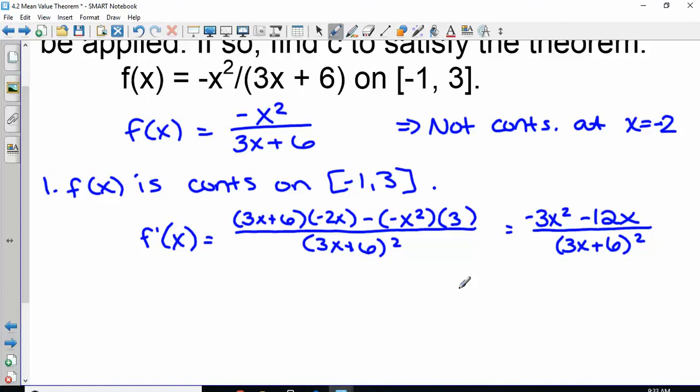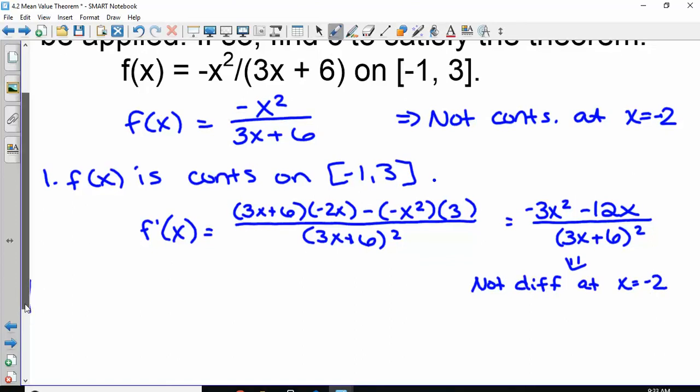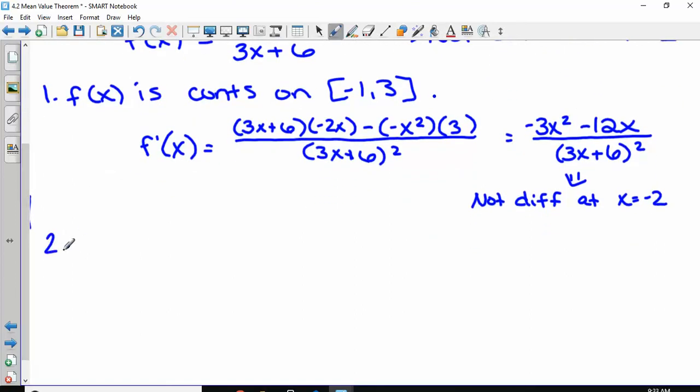Where is this not differentiable at? That's what makes the bottom 0. So again, we are okay for the interval we needed. And we only have to be differentiable on the open interval, although more is certainly fine.